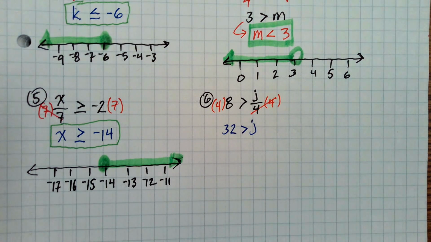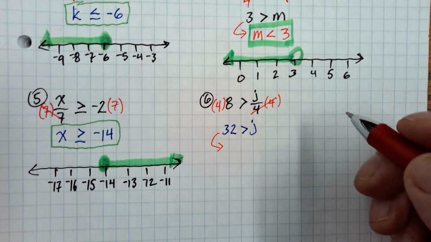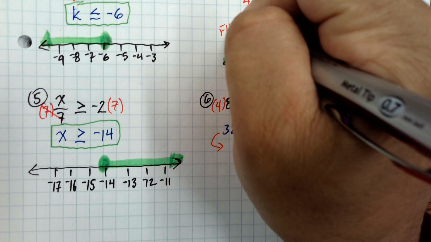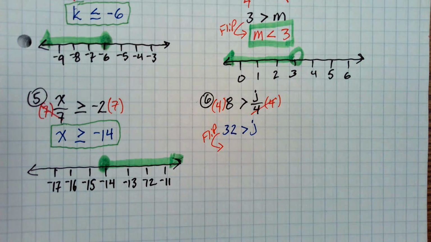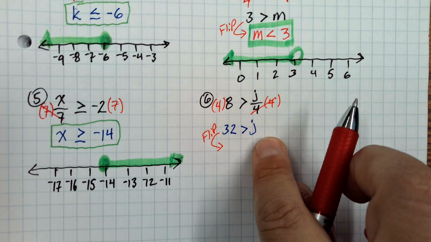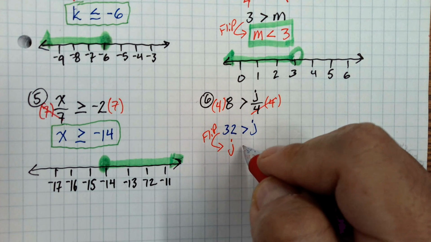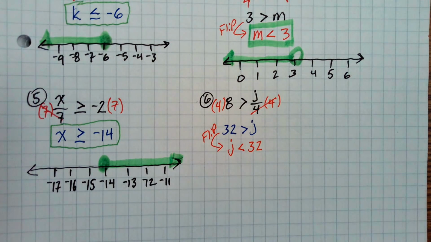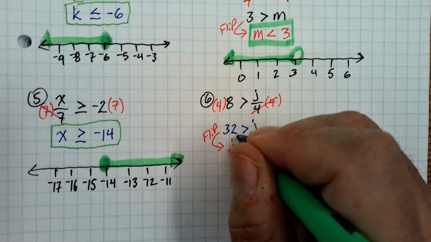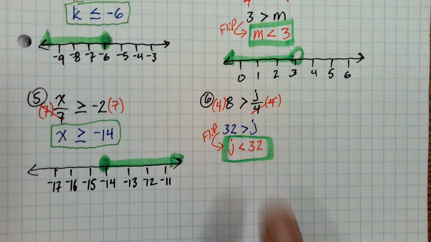Well, I have to flip this. Yeah, the variable's on the right. Let's flip. So I'm going to write this as 32 greater than j is the same as j less than 32. So that's our answer. Well, they're both answers, but the answer that helps us graph is this one.